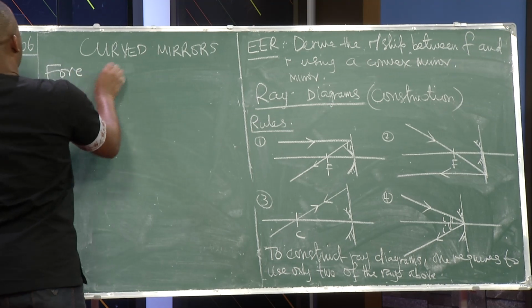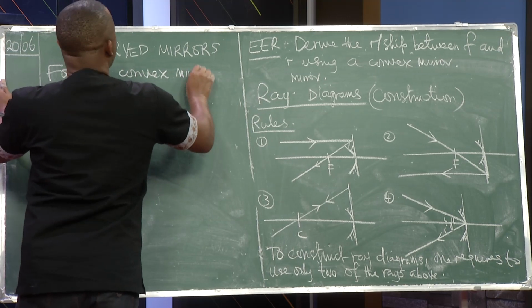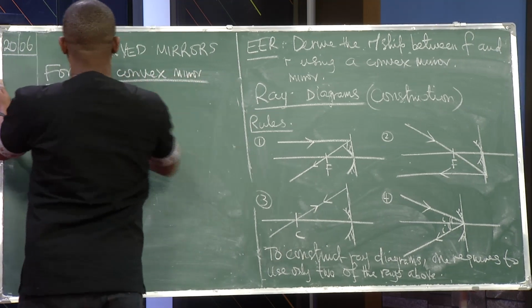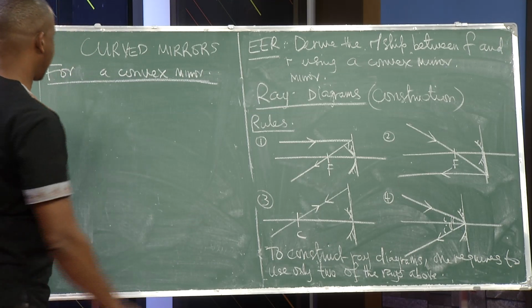For a convex mirror, I will use a convex mirror because it forms a unique image as we have seen.